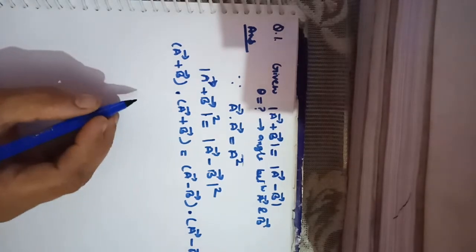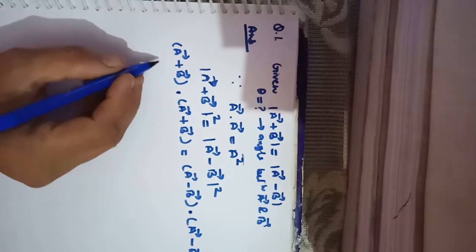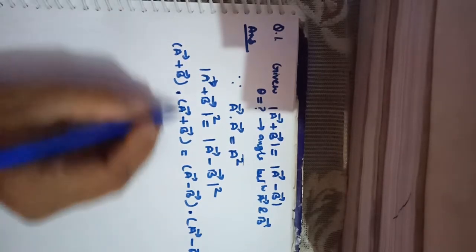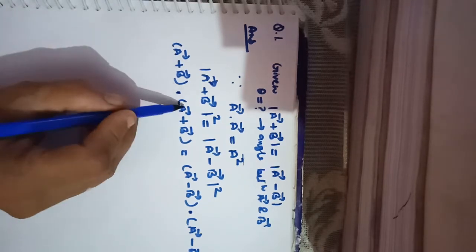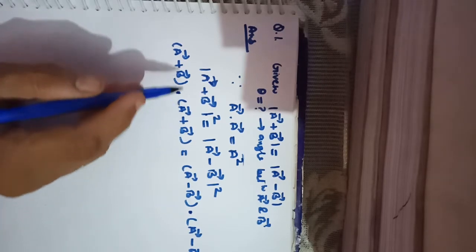Now take the dot product of these two vectors. First you will take the dot product of a vector with this bracket, and then the dot product of b vector with this bracket.